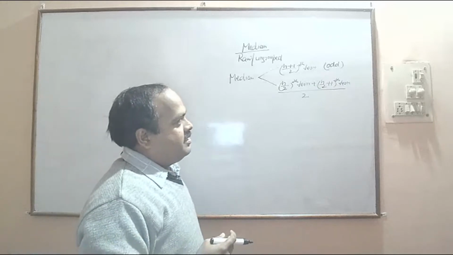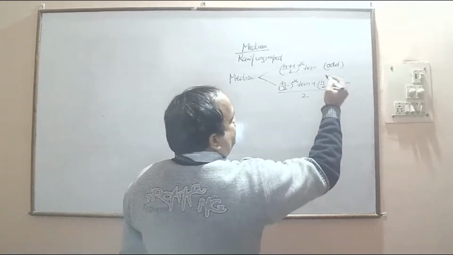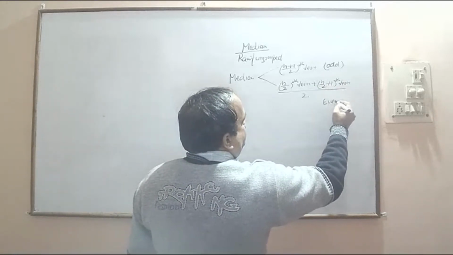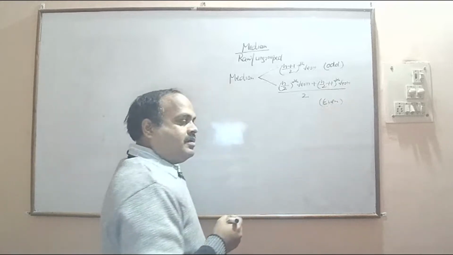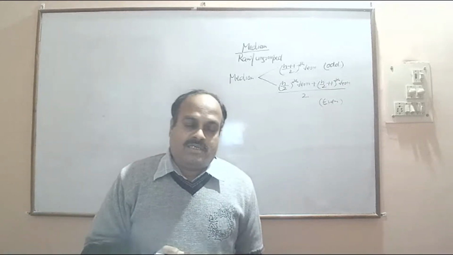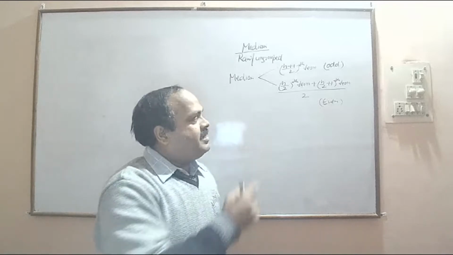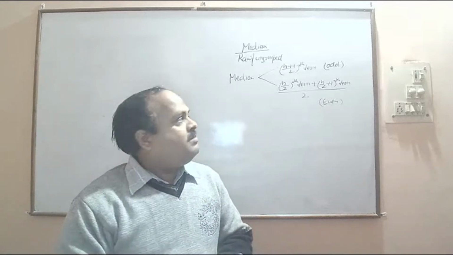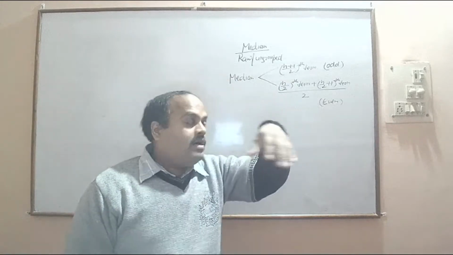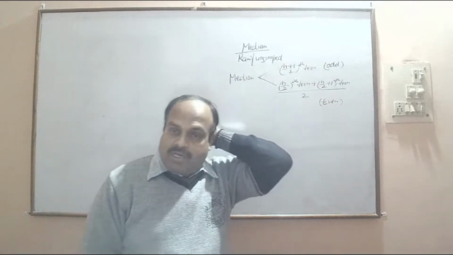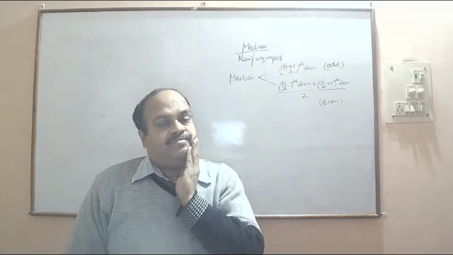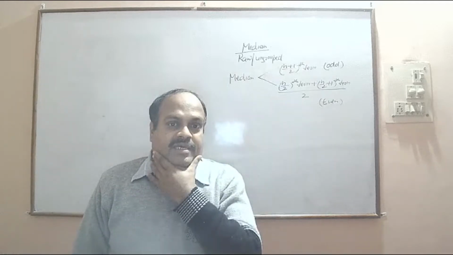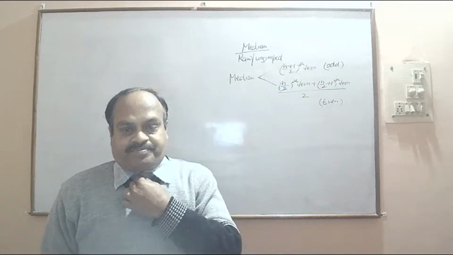But when the number of observations in the data is even, there will be two middle terms, the n by 2th term and the (n by 2 plus 1)th term. So their average will be the median.